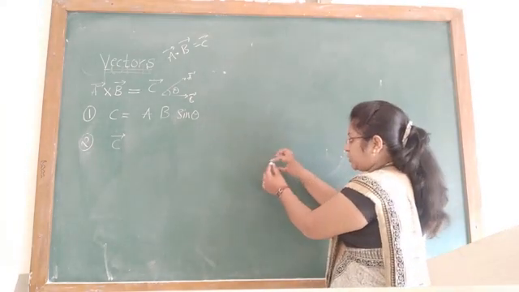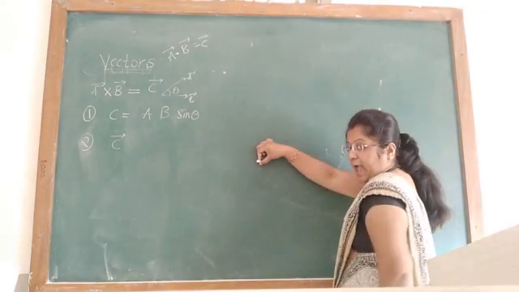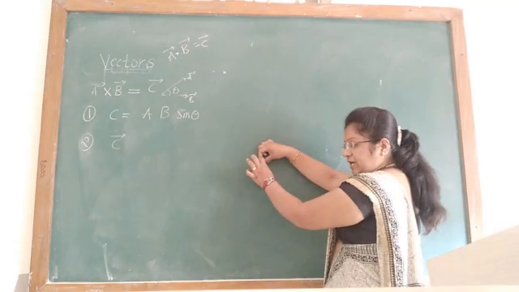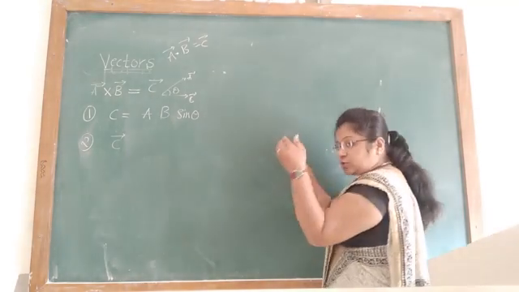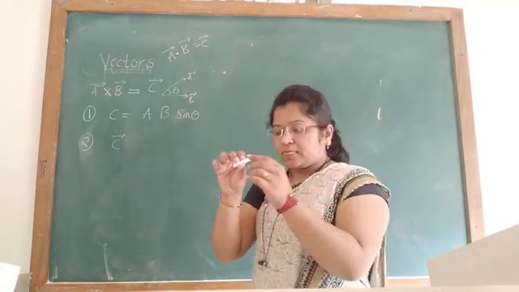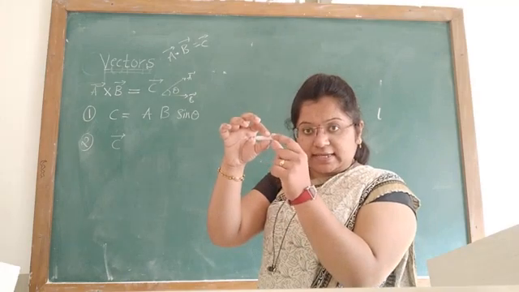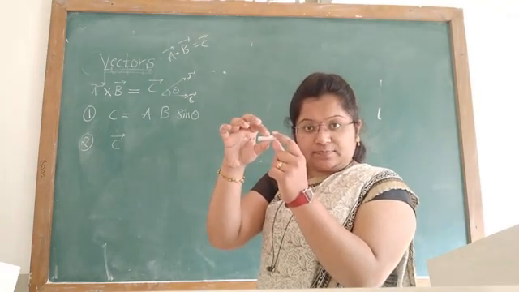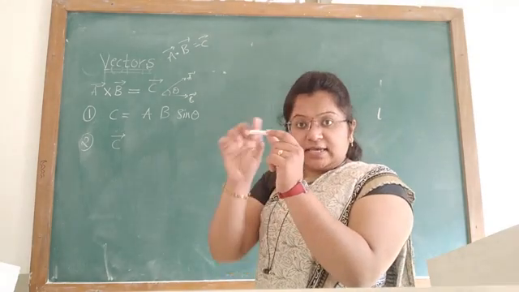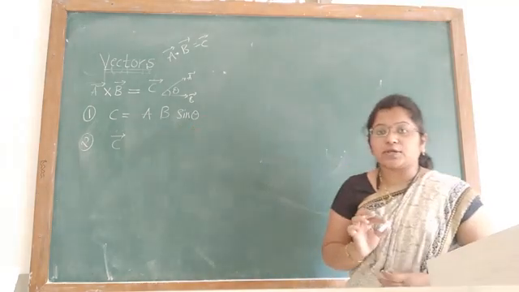When you hit it with the hammer, the head of the nail is rotating like this, but the tip is going inside the wall, right? So the head of that nail is rotating like this. Vectors A and B are there, and C is going inside the wall. That is the right hand screw rule.